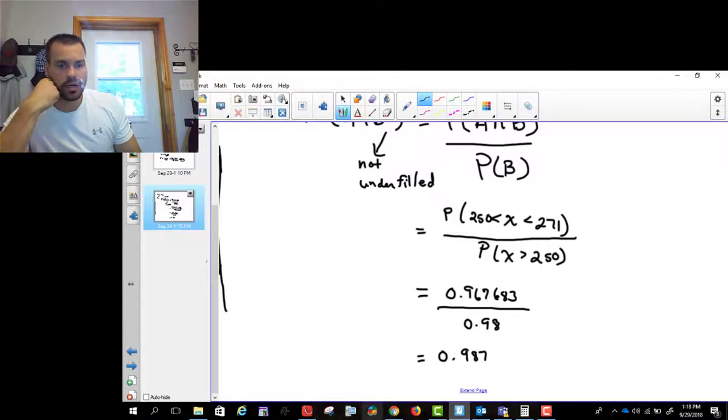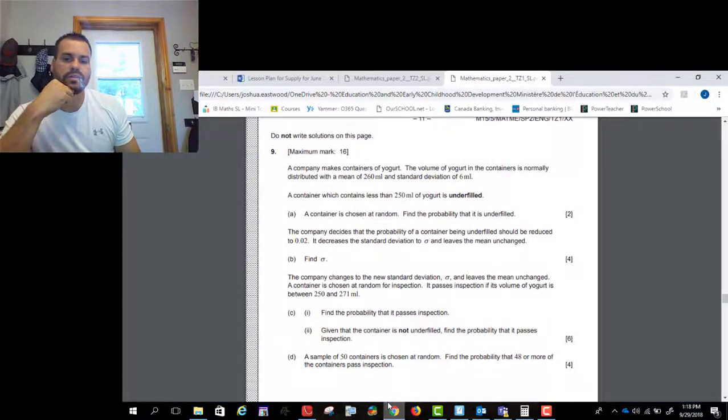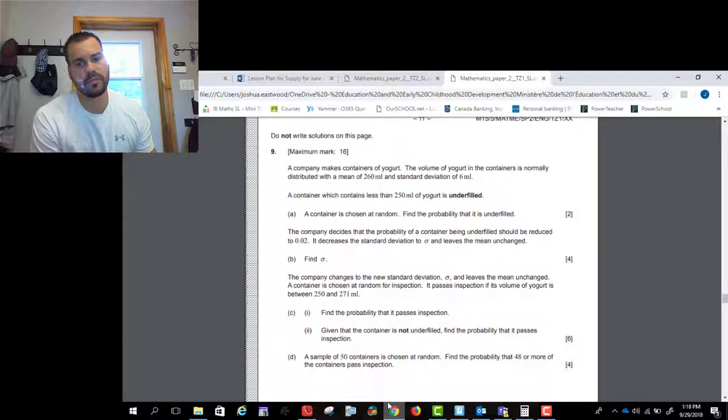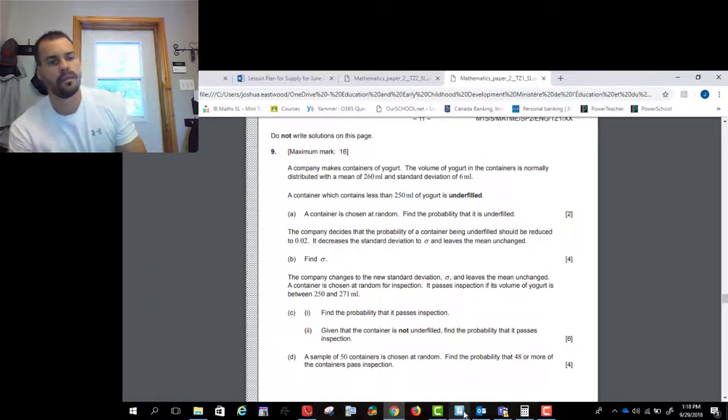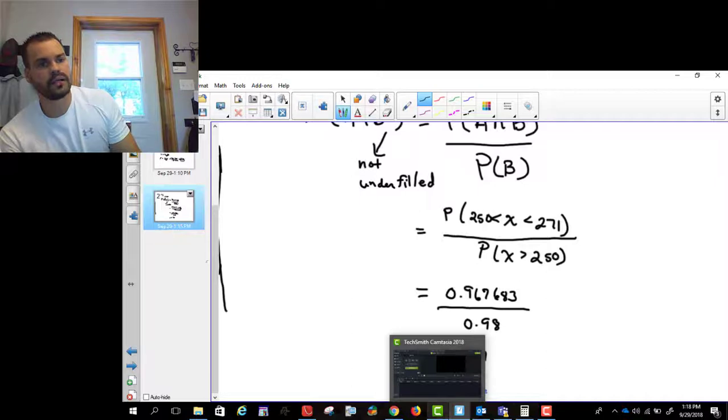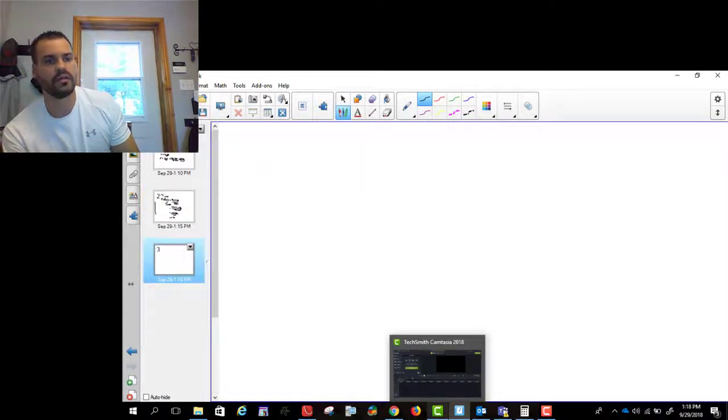Okay, and then finally we're going to go back to the question, and it says a sample of 50 containers is chosen at random. So now we have switched from normal distribution to binomial distribution, where we have 50 trials. We need to find the probability that 48 or more of the containers pass inspection. So again, we'll add in part D. Now we have the binomial distribution of 50 trials.